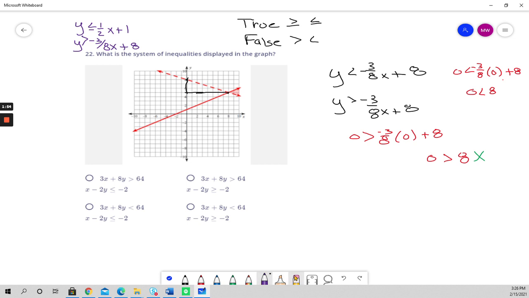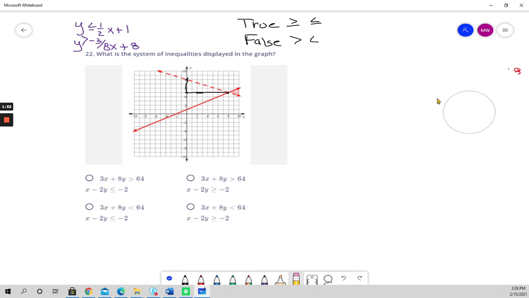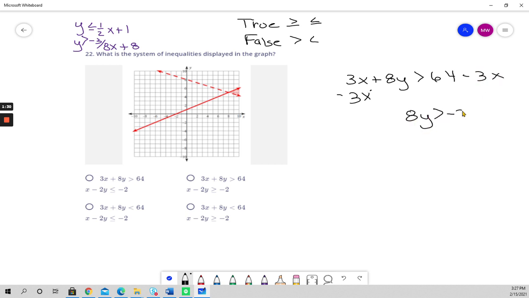So now that I have my two equations, I can start looking at my inequalities. So I'm going to start with my first one. 3x plus 8y is greater than 64. So I'm going to subtract 3x from both sides. Minus 3x. And I have 8y is greater than negative 3x plus 64.